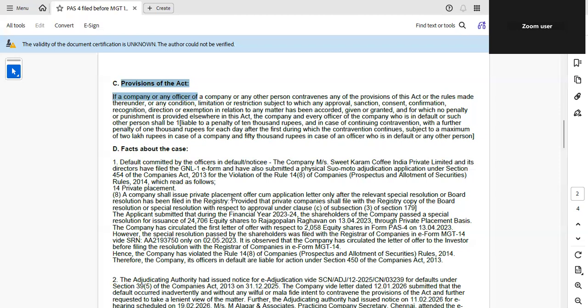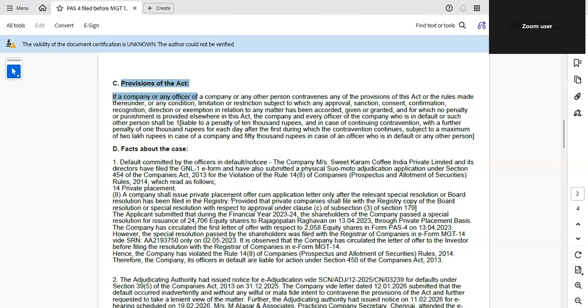Critical compliance was missed. MGT 14 was filed later, that is on 2nd May 2023. So what happened is: special resolution passed on 13th April, PAS 4 issued on 13th April, but MGT 14 filed on 2nd May.